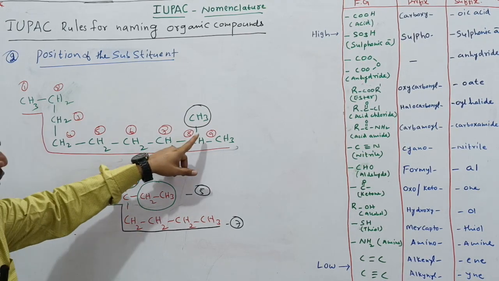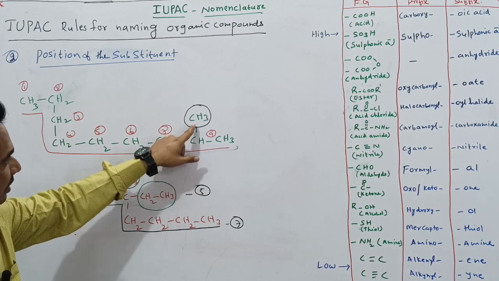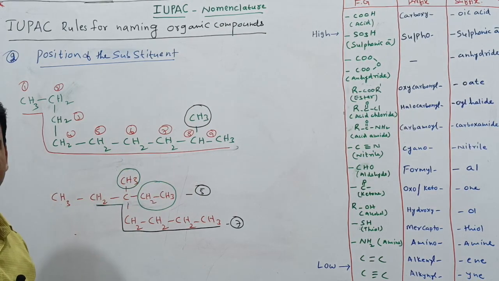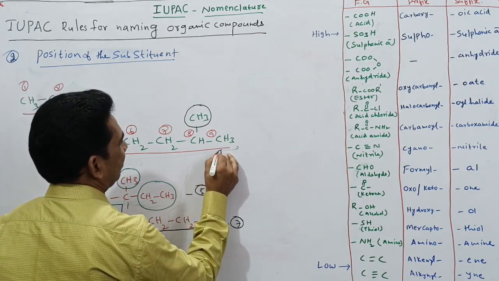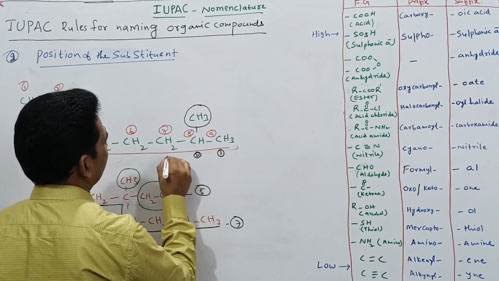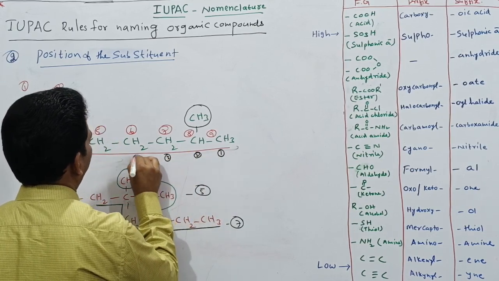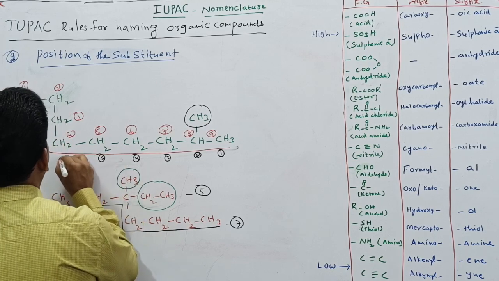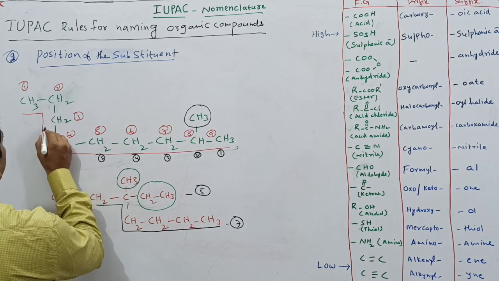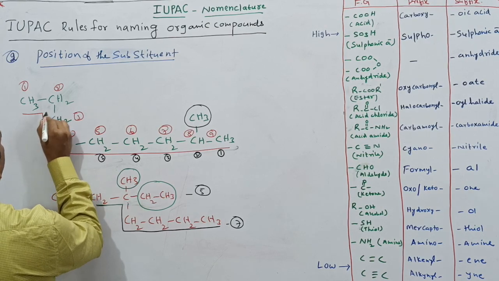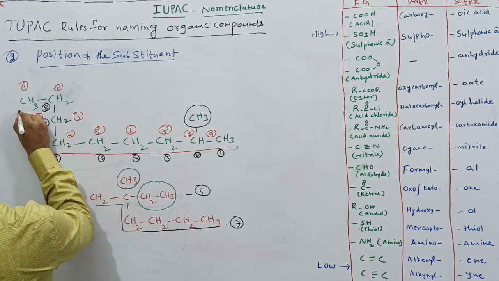Here you can see the substituent, which position is it going to get? 8th position. In the opposite way I will go for numbering this: 1, 2, 3, 4, 5, 6, 7, 8, 9.